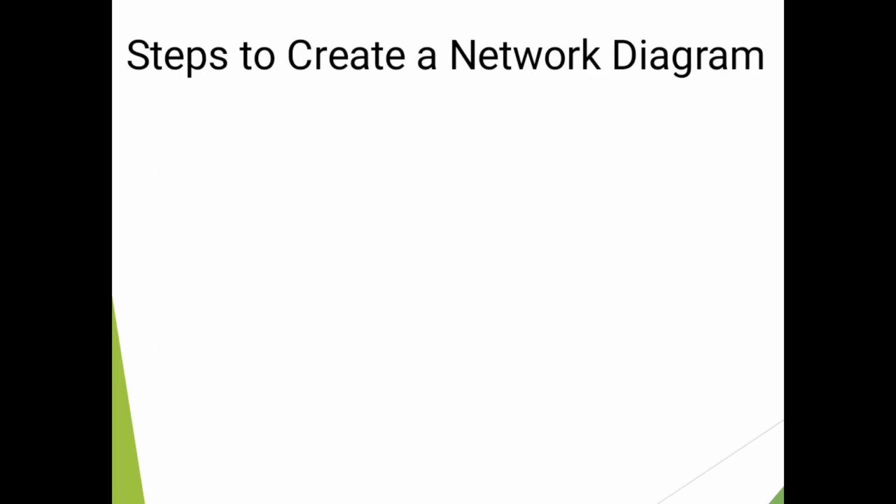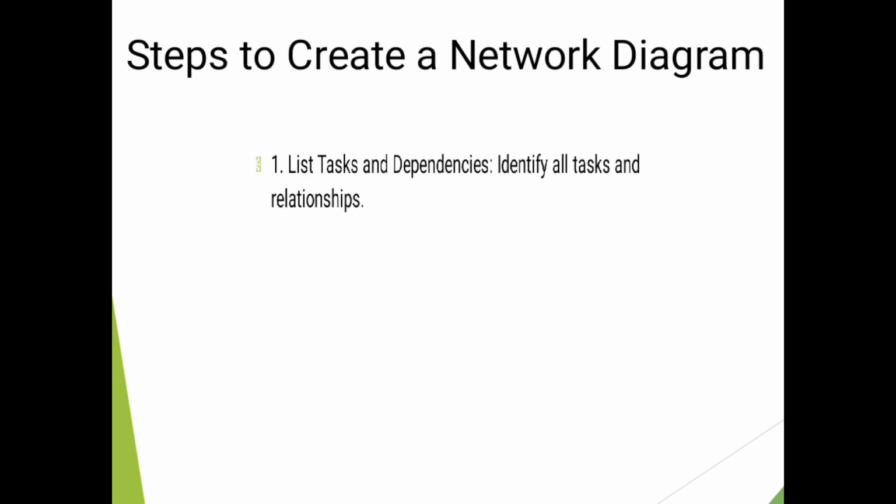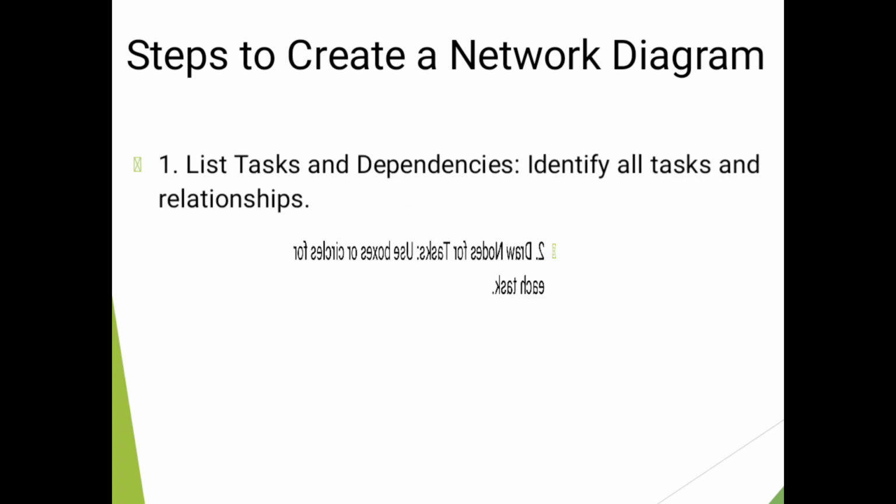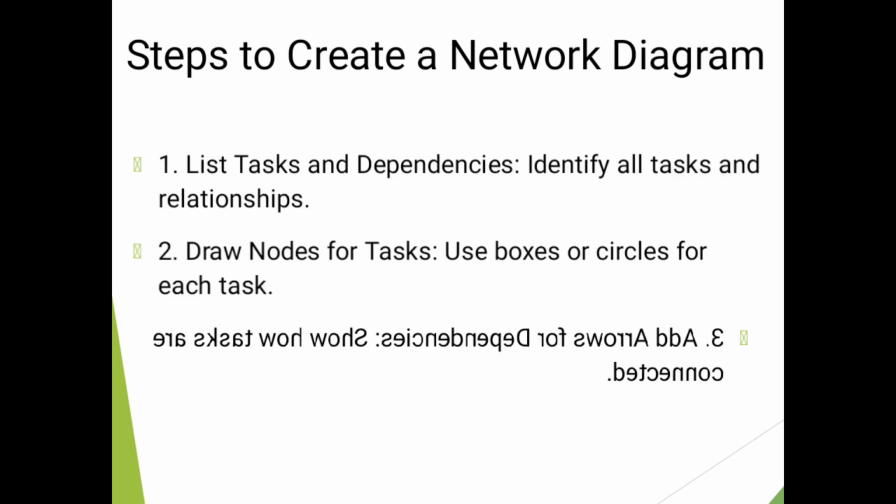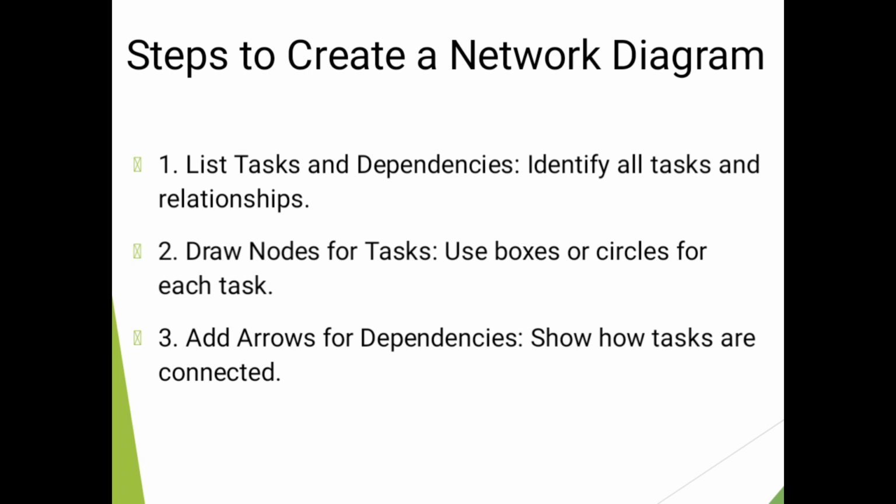Let's talk about steps to create network diagrams. Step number 1, you need to list tasks and dependencies. So you need to understand all the tasks which are there and how those tasks are related to each other, in the sense that this task is going to start first. From there, I'm going to go to this particular next task.